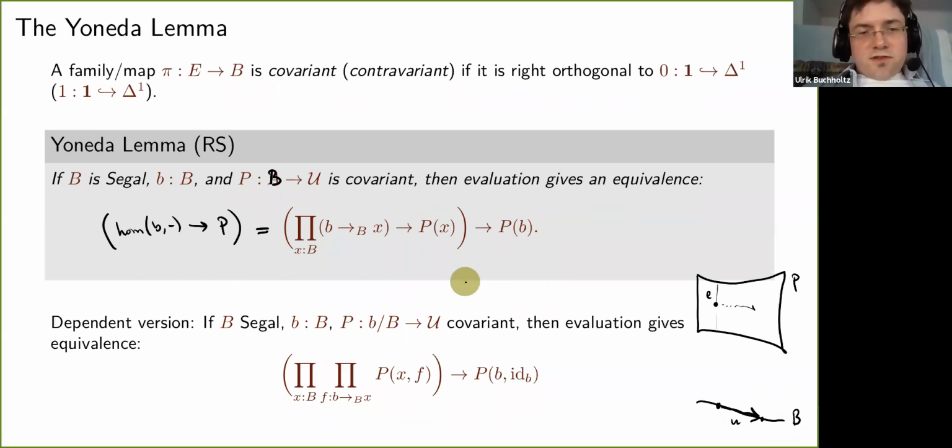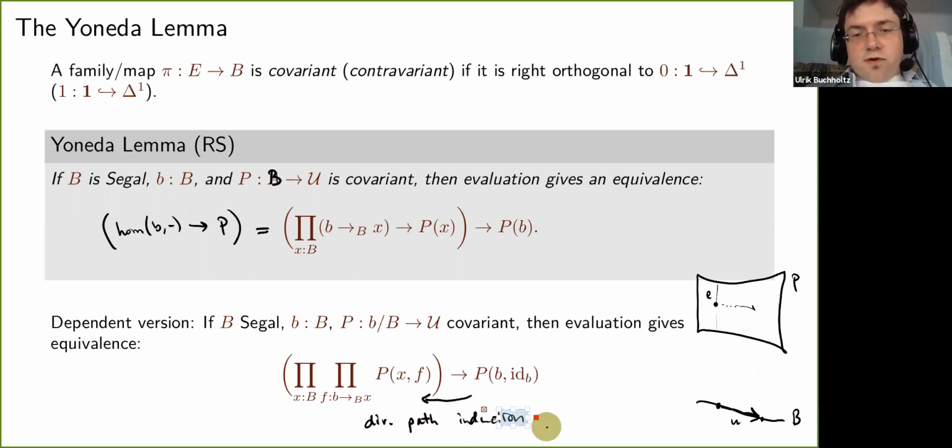Now, there's also a dependent version of this. Here you have a family over the total space of Hom out of B, so this is the slice B under B over B. This is a covariant family. Then you get an equivalence like this, again by evaluation at B. And the inverse map here, you can think of as a directed version of path induction.